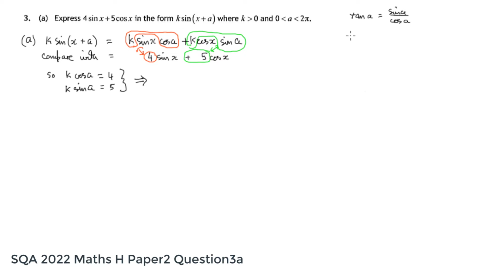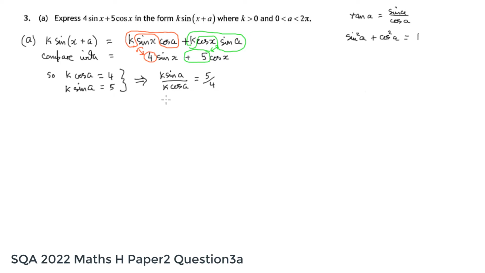There's also another formula, and we'll also use it, that sine squared a plus cos squared a is equal to 1. So to get a sine a over cos a, we'll divide the second equation by the first equation. So k sine a divided by k cos a must be the same as 5 divided by 4.